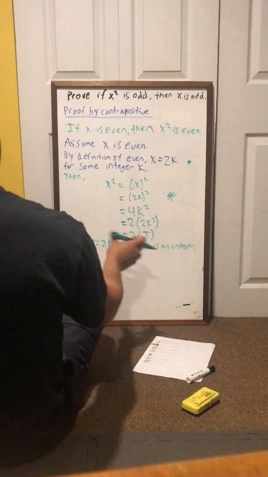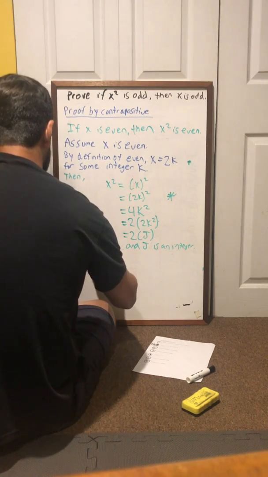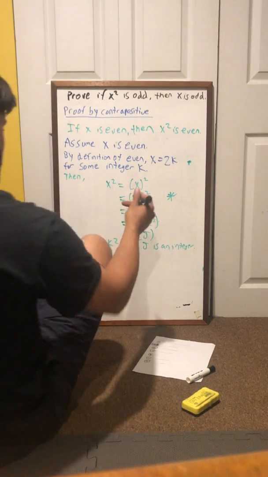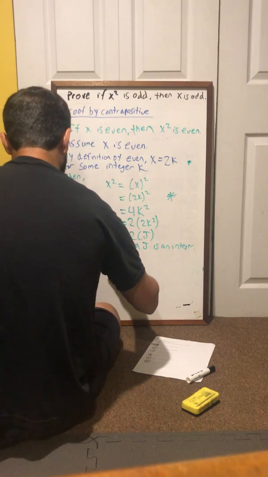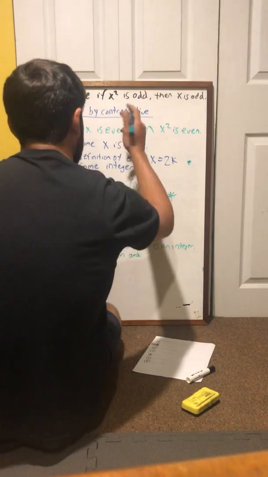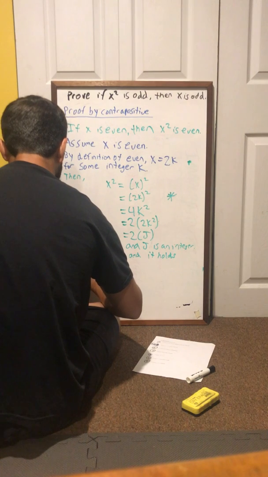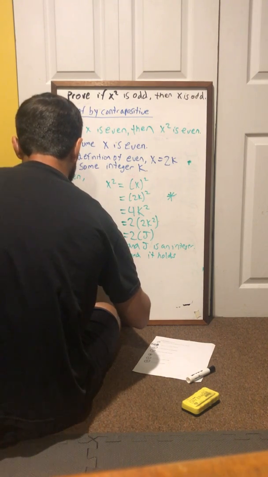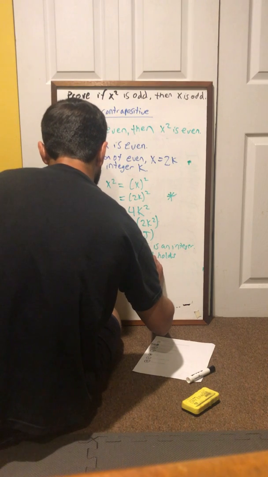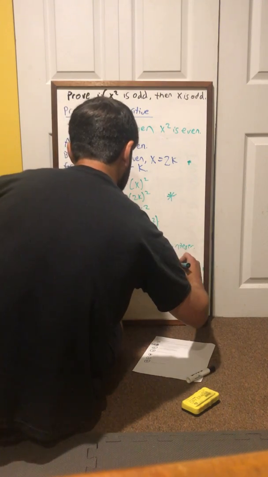Okay, so knowing all this information, we could then say, thus, x squared is even, and it holds true that if x squared is odd, then x is odd.